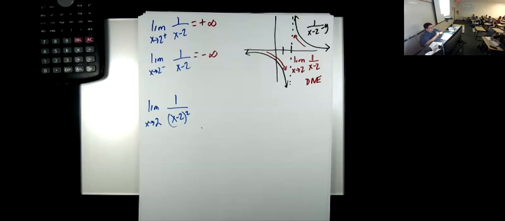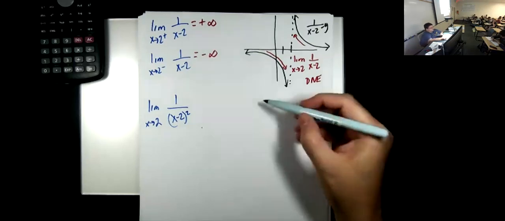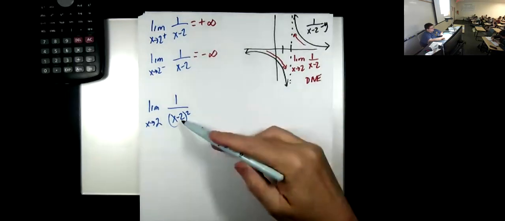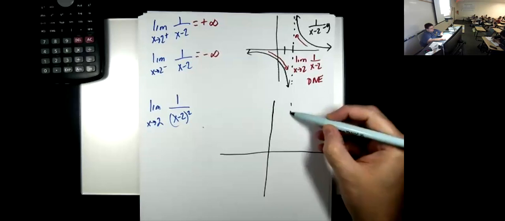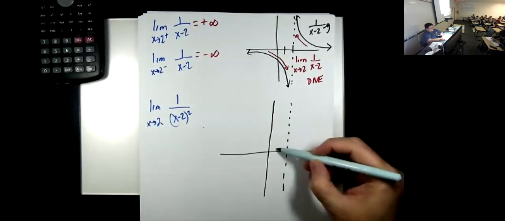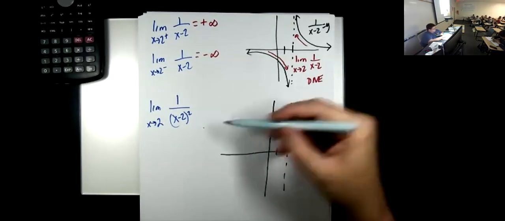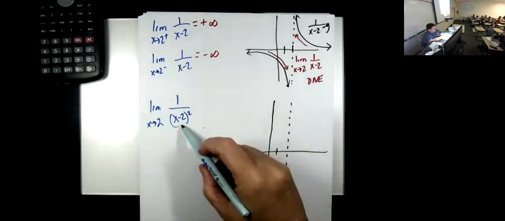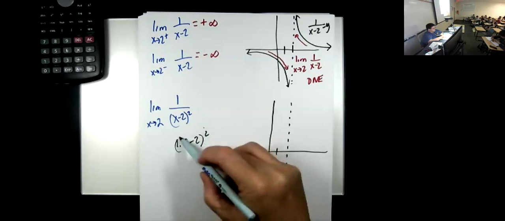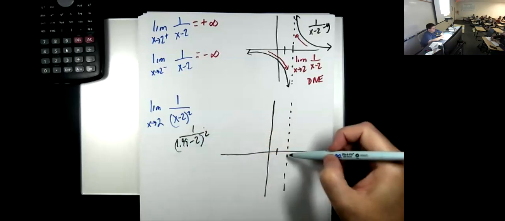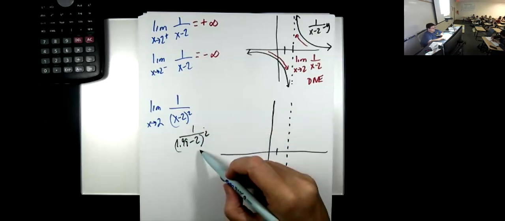If I look at 1/(x - 2) squared, well, as I approach 2 from the left, I still have an asymptote there. I can't plug it in. But if I do (1.99 - 2) squared, coming from the left, it's actually still a positive number.